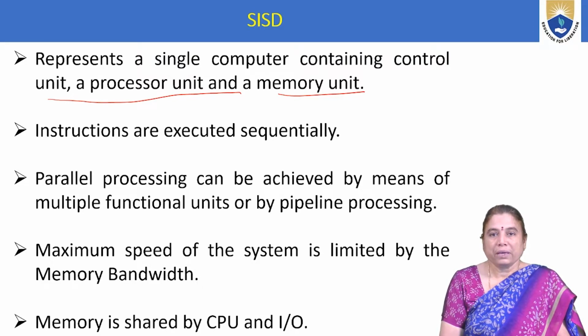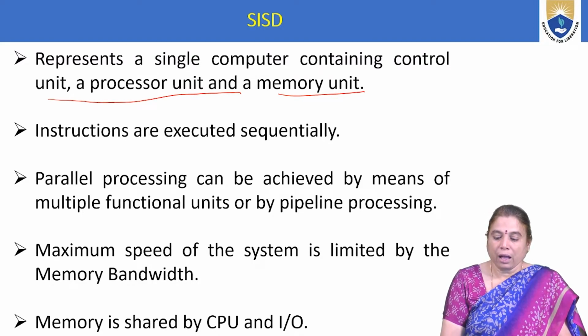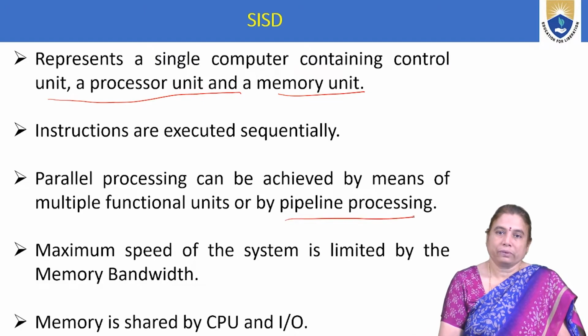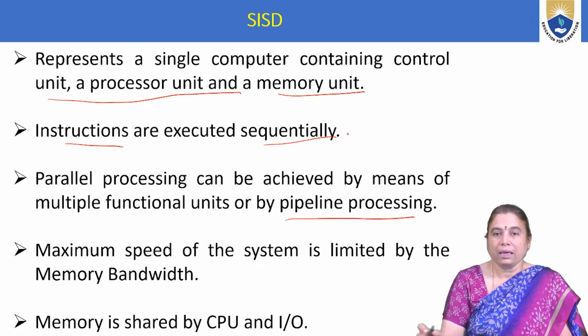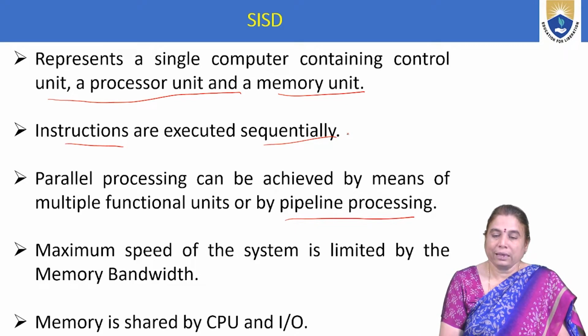Parallel processing can be achieved by means of multiple functional units or by the pipelining process. With the design of multiple functional units like integer addition, subtraction, floating point arithmetic, and special functional units, instructions can be executed simultaneously in the case of SISD, or with the concept of pipelining, parallel processing of instructions can be achieved.